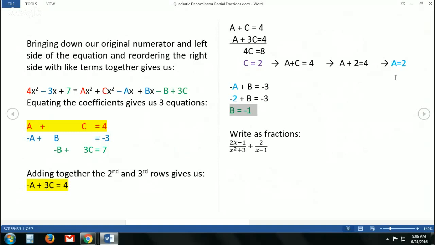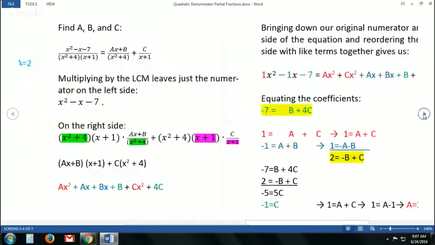So if we make this ax plus b, a was 2, here is our 2, b is -1, so ax plus b ends up 2x minus 1. C was the value that we had over x minus 1. If c is 2, put 2 over x minus 1, and now we have decomposed our fractions. Let's try another example.